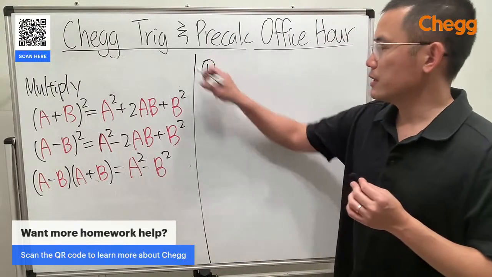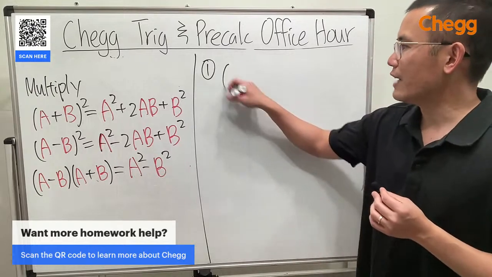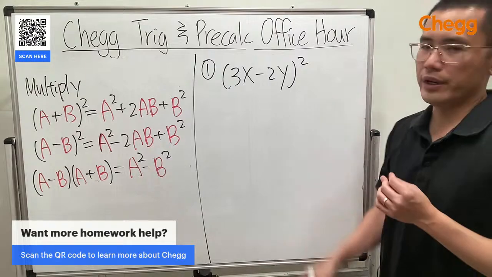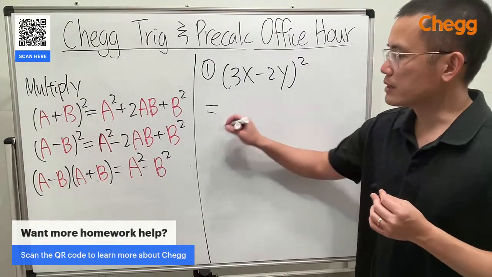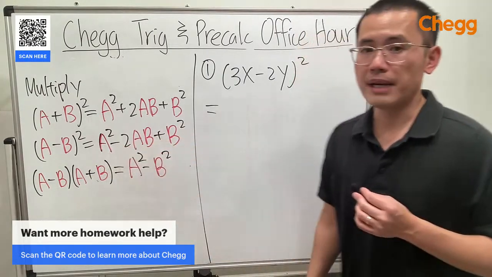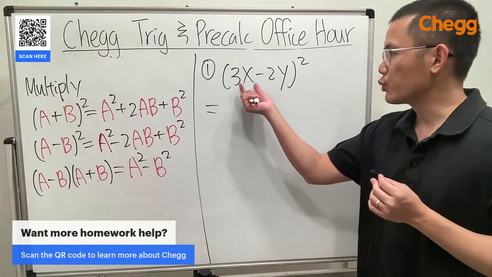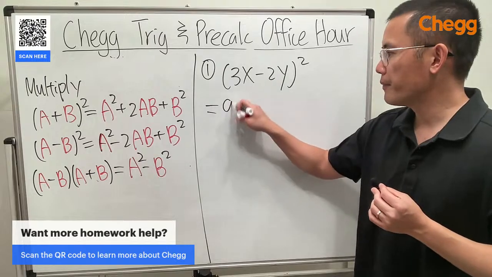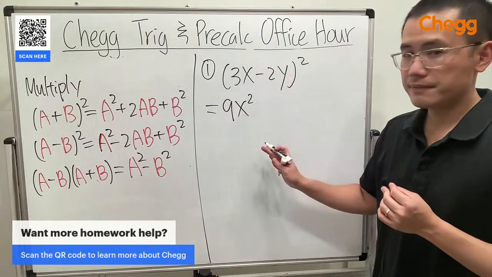So just a first question. Let's say we have (3x minus 2y) squared. I'm going to use the second formula. The middle is a minus. So what we do is we square the first thing: (3x) squared, 3 squared is 9, x squared is x squared.